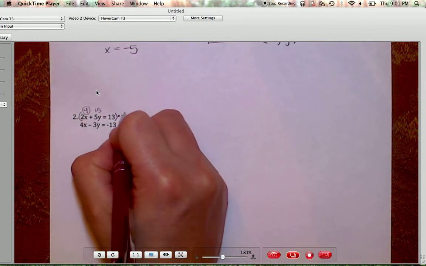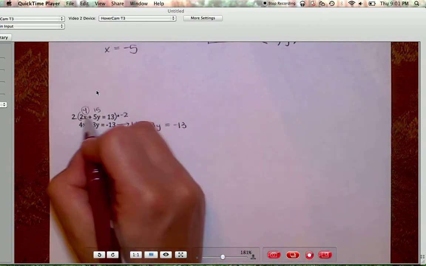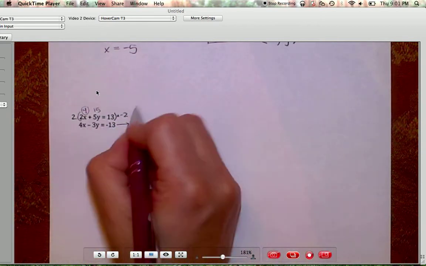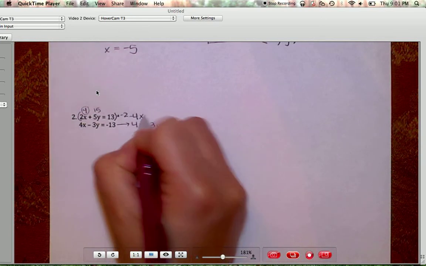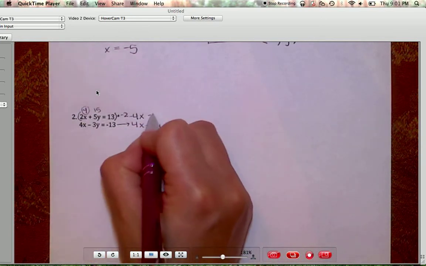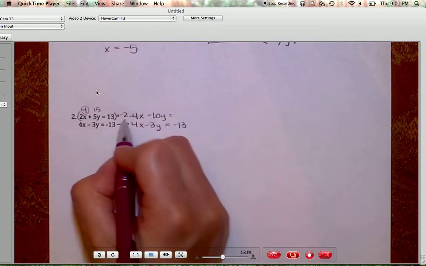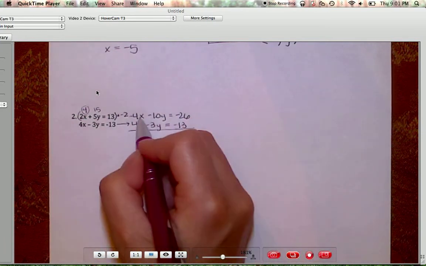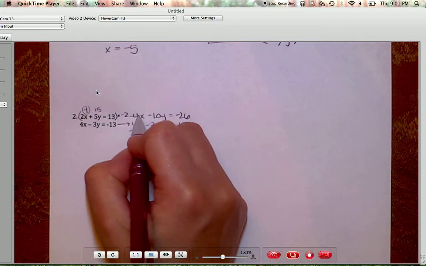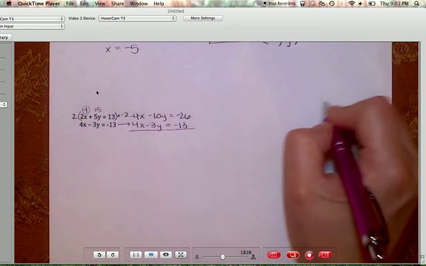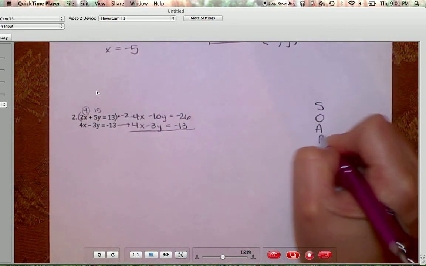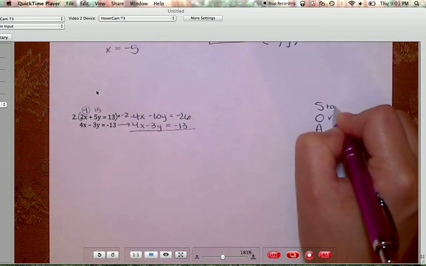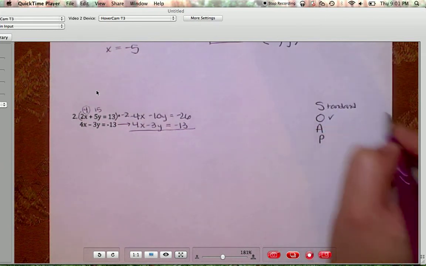We multiply by negative 2. So when we multiply everything by negative 2, we get negative 4x minus 10y equals negative 26. So now we have a positive 4x and negative 4x. Those are our opposite coefficients. SOAP, so that's opposite. It's already in standard form, so we didn't have to do that.